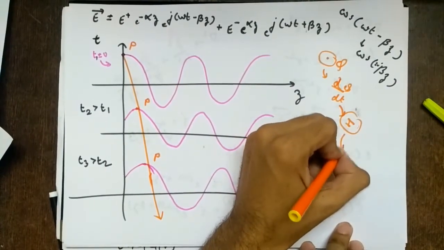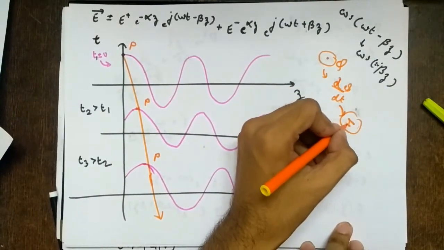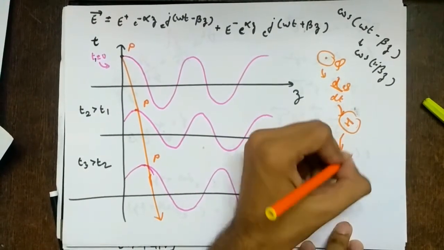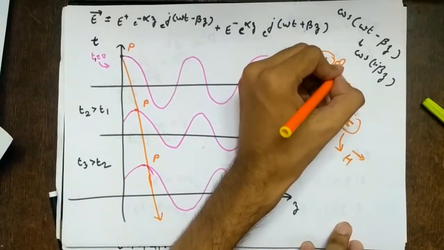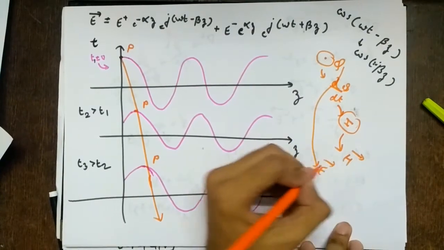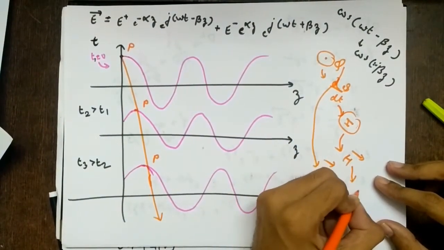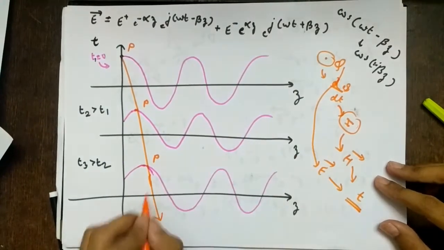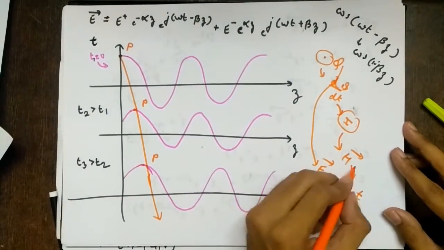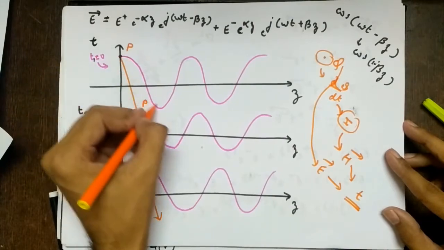Then from Ampere's law, we said that whenever a current flows through a conductor, a magnetic field forms around it, right? And from charge we get the electric field. And from Maxwell's equations, we saw that they are dependent on time, so they are time varying. So these fields are actually waves.